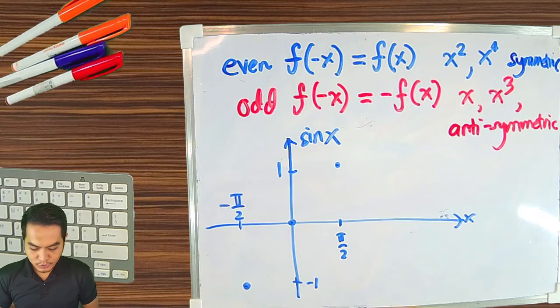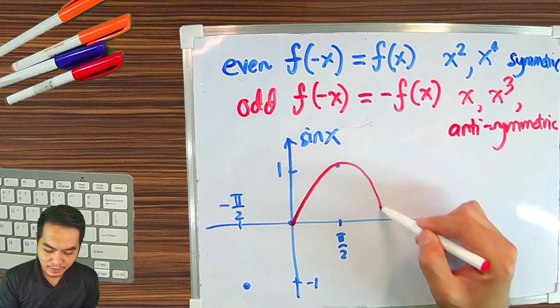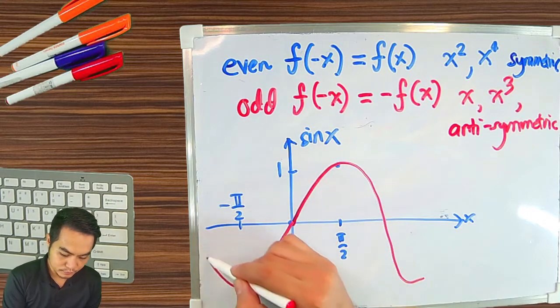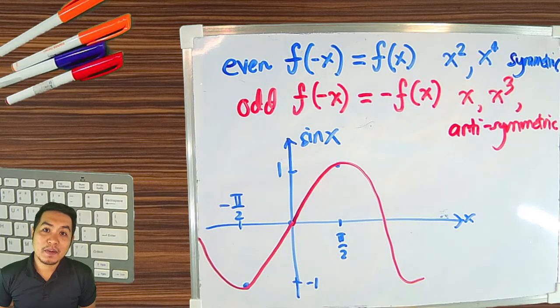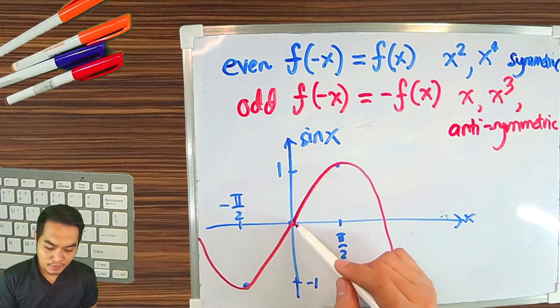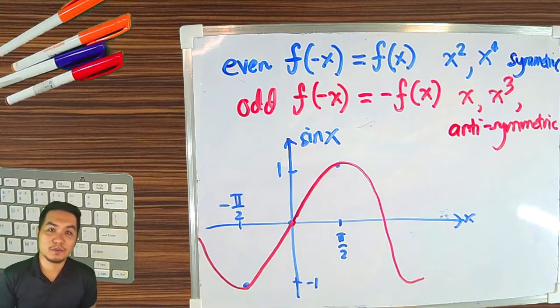So you will notice that the graph of sine is something like this. The graph of sine is anti-symmetric. Here you have a crest, but here you have a trough in a wave. That's what we mean by symmetric and anti-symmetric functions. Basically, symmetric functions are even, anti-symmetric functions are odd.